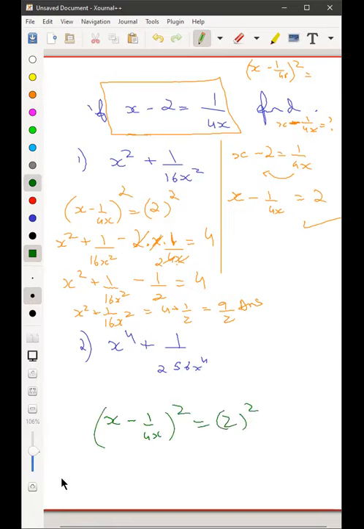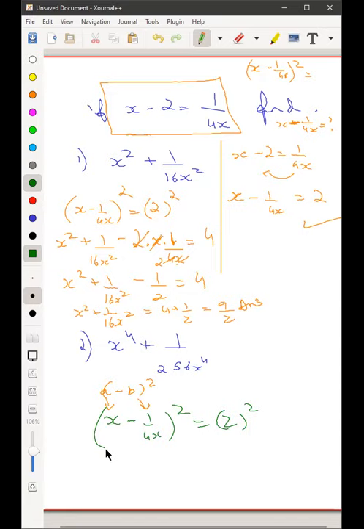Is this clear? Expand this, a minus b the whole thing squared. Sarah, expand a minus b the whole thing squared. Sarah, tell it out to me. Think of this as a minus b the whole thing squared, where a is x and b is 1 upon 4x.